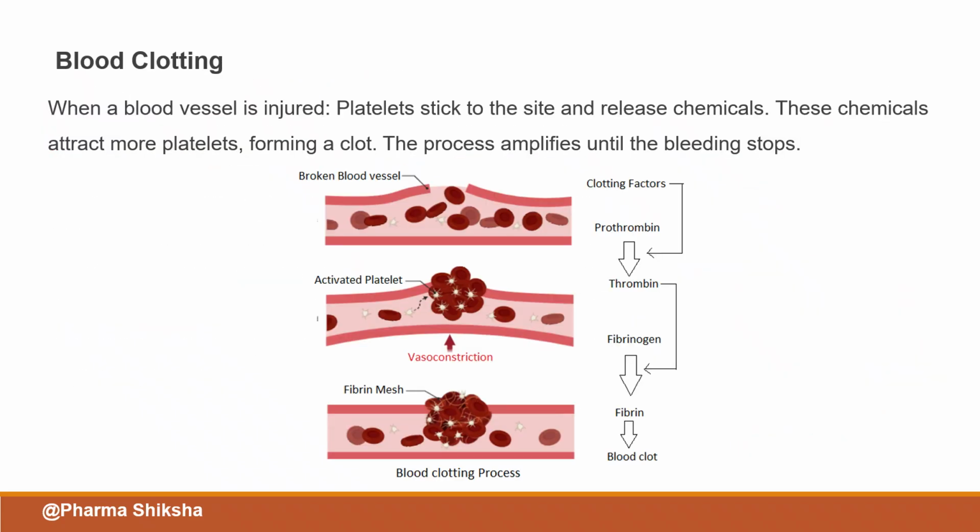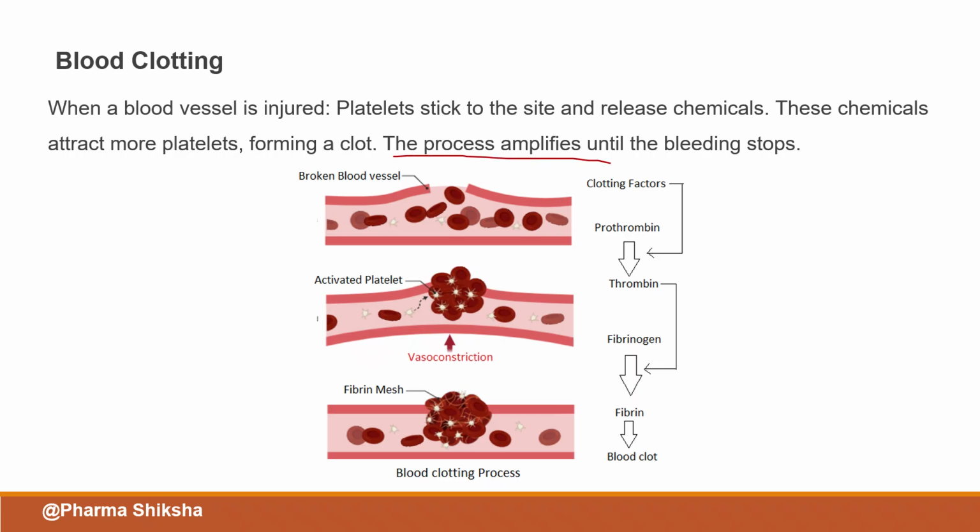The second one is blood clotting. Blood clotting happens when a blood vessel is injured. Here you can see there is a wound, any cut you have got, and the blood starts bleeding. So what will happen? The major function of the platelets is blood coagulation. The chemicals which are released will attract the platelets and they start to clot.